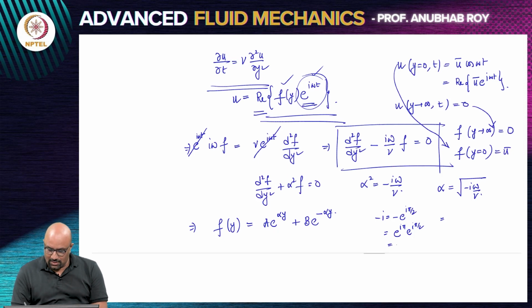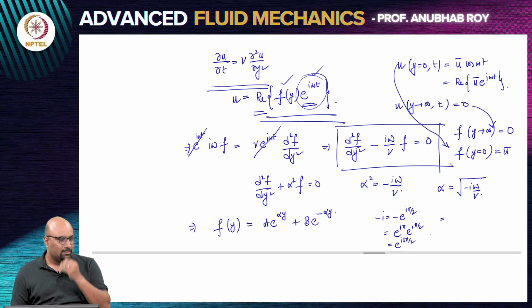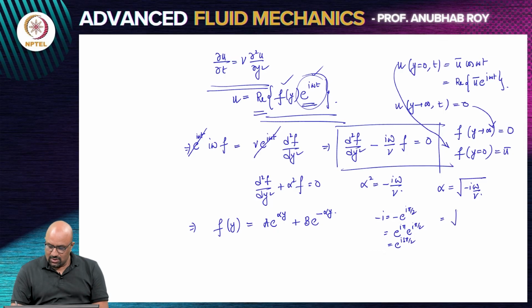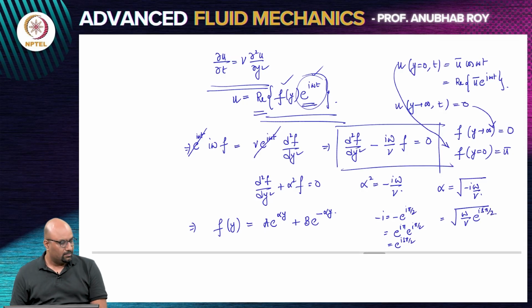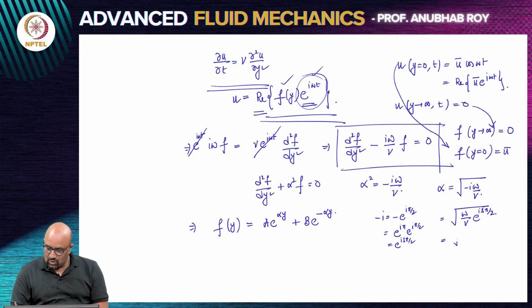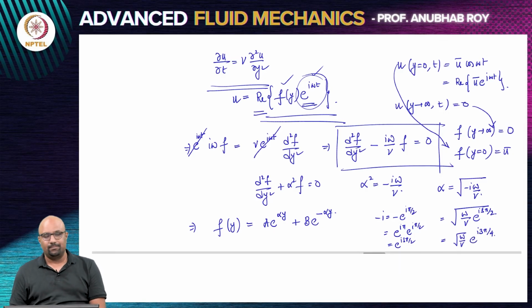So then this becomes e to the power i 3 pi by 2. Okay. So then this is square root of omega by nu e to the power i 3 pi by 2, which is square root of omega by nu e to the power i 3 pi by 4.